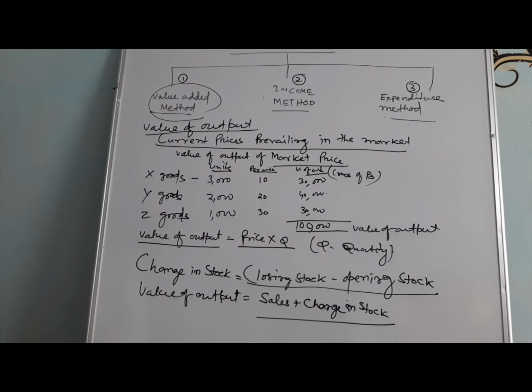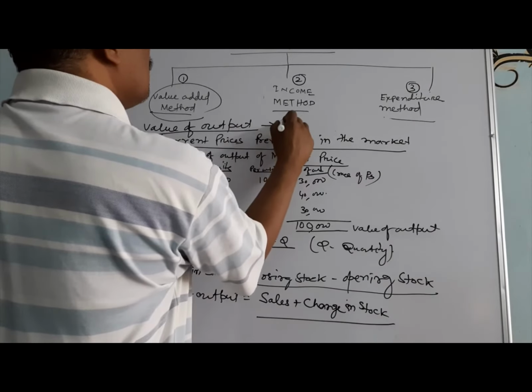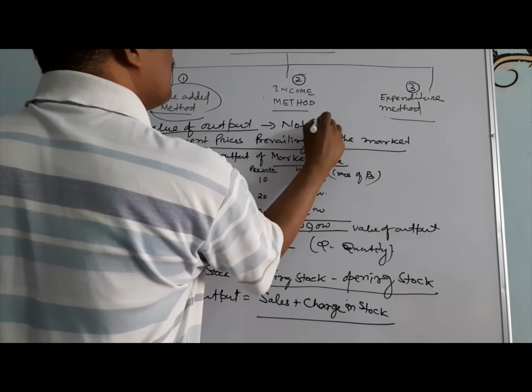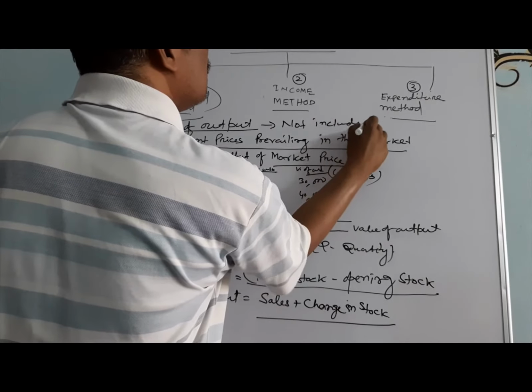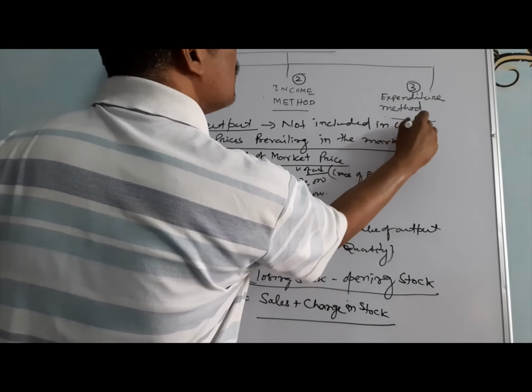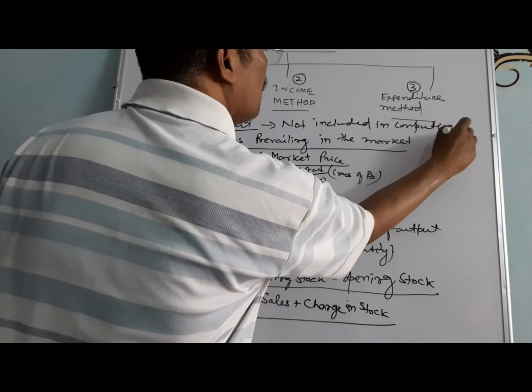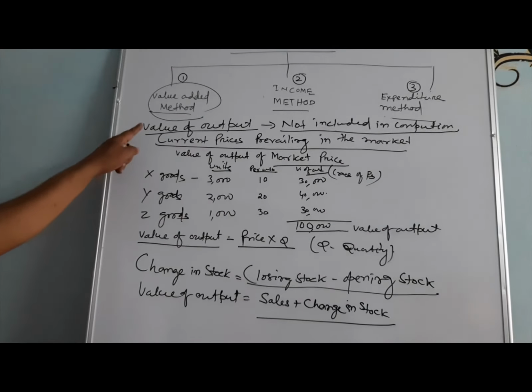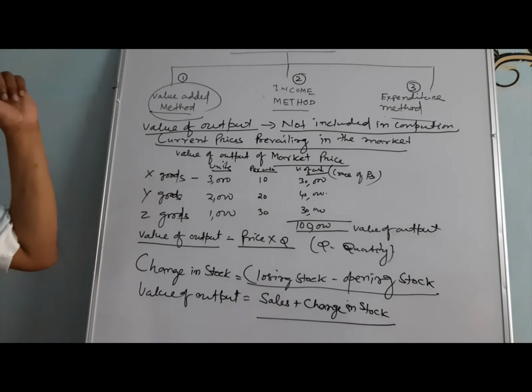Remember it, value of output is not included in the national income computation. Not included in computation, whenever we are calculating value of output, it is not with the value-added method.